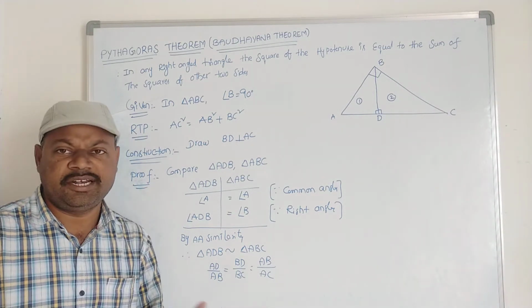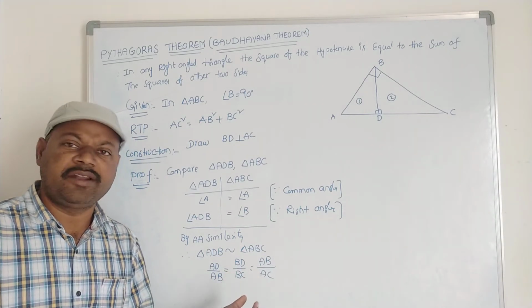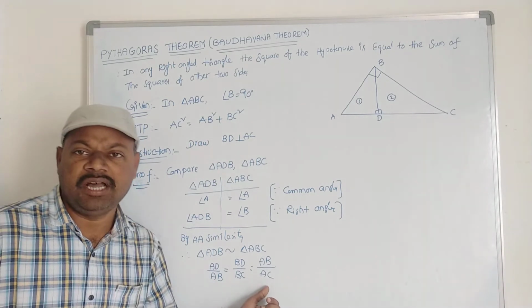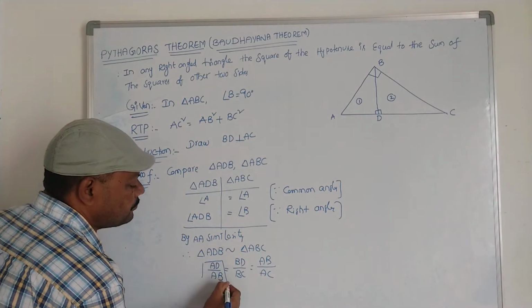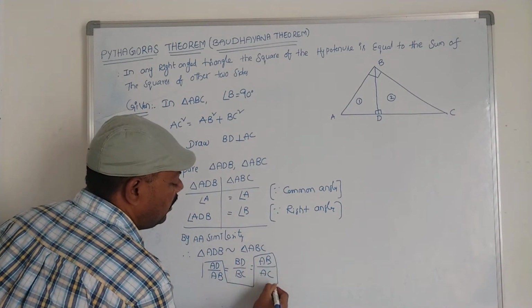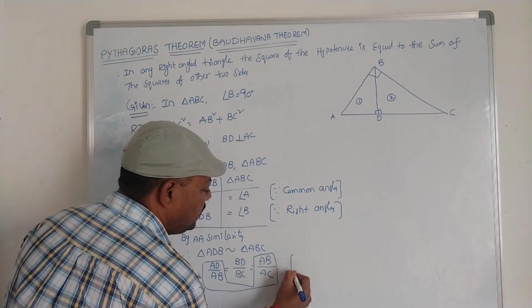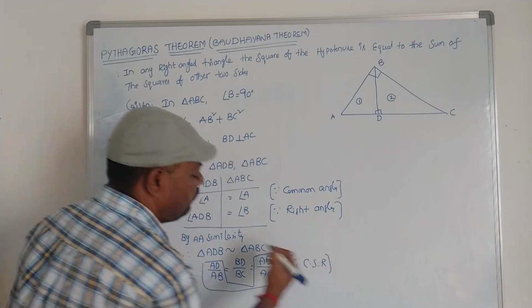Which ratios are selectable here? The first ratio and the last ratio. Just select those and compare them. This is the CSR, corresponding sides ratio.